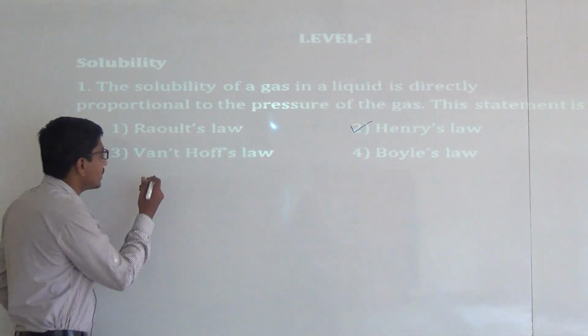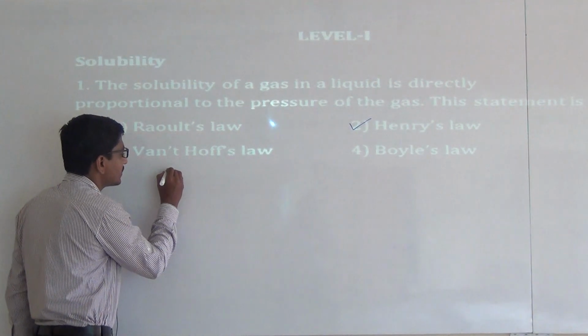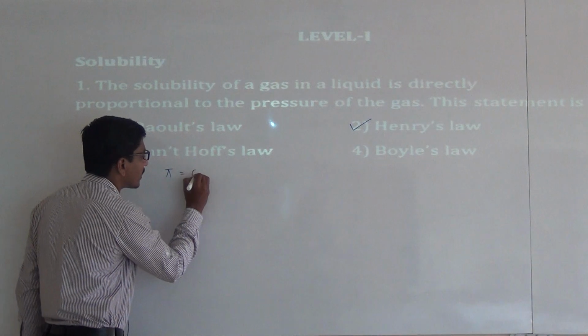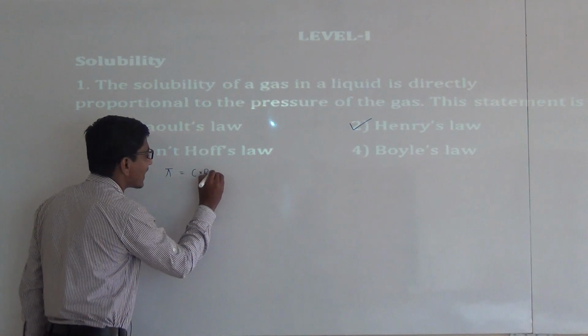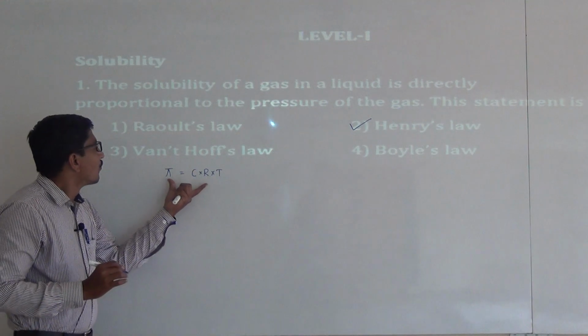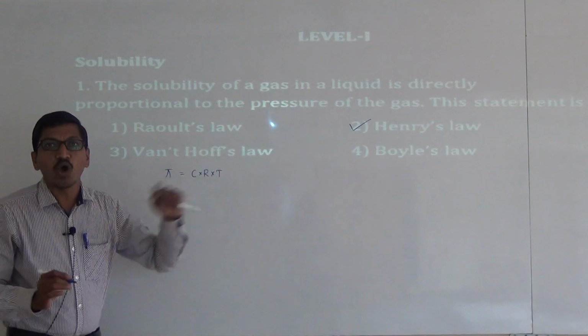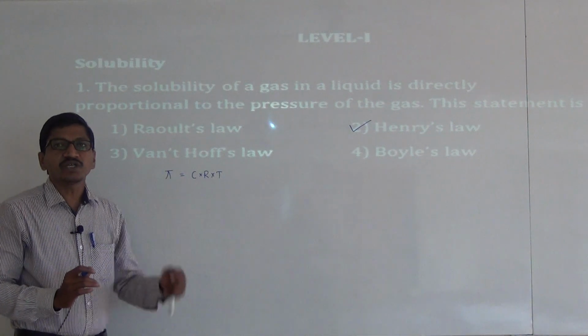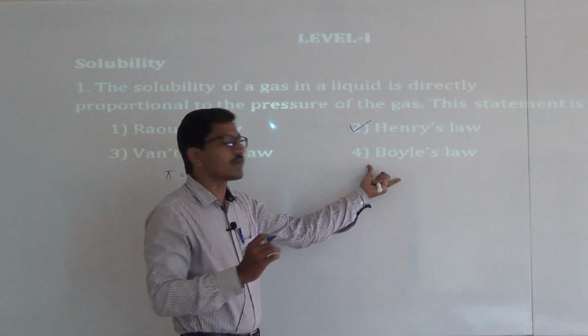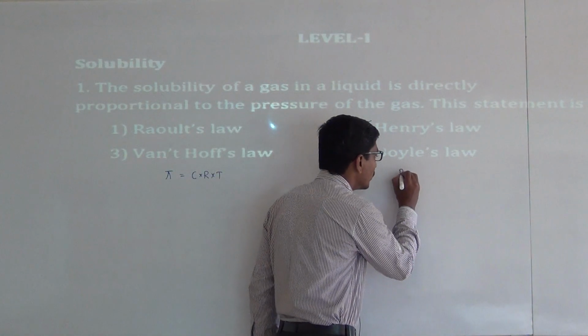Van 't Hoff's law is osmotic pressure is equal to concentration into universal gas constant and temperature. This is the Van 't Hoff's law. Then Boyle's law: at constant temperature, the pressure of the gas is inversely proportional to volume.